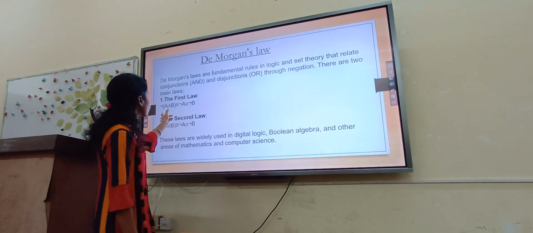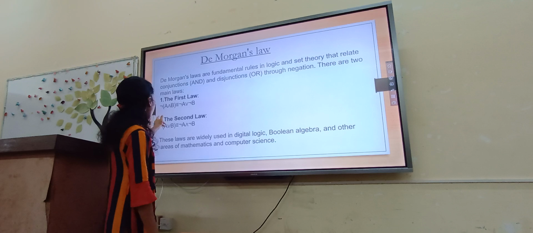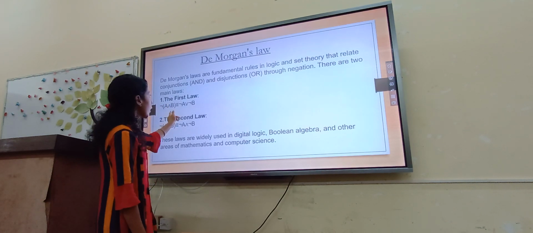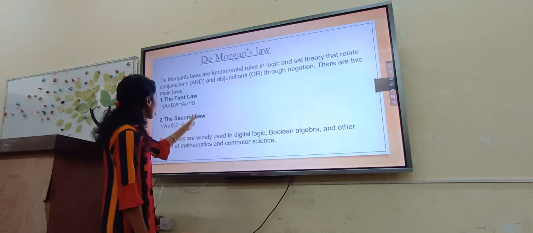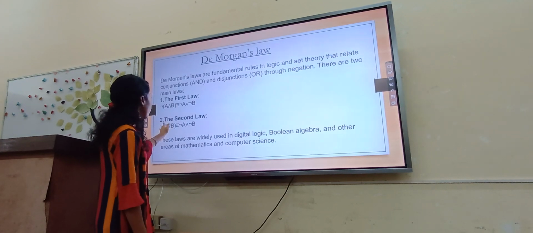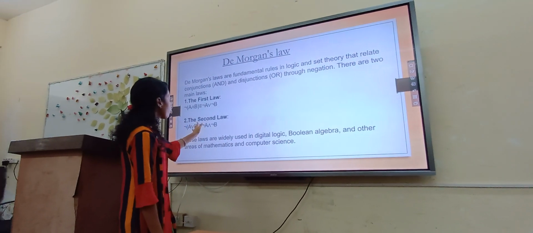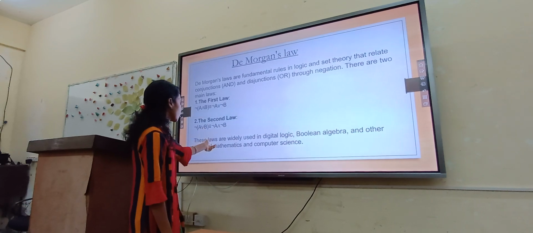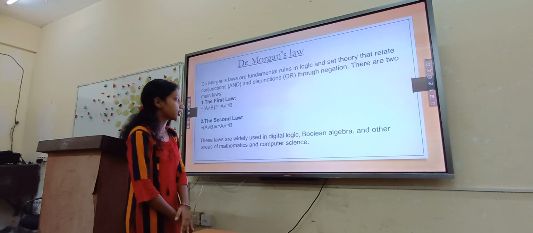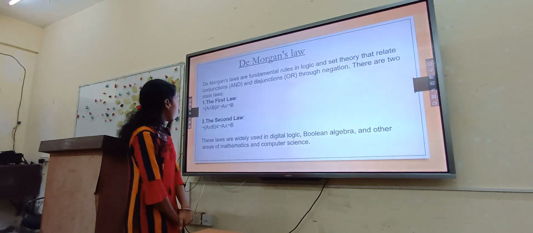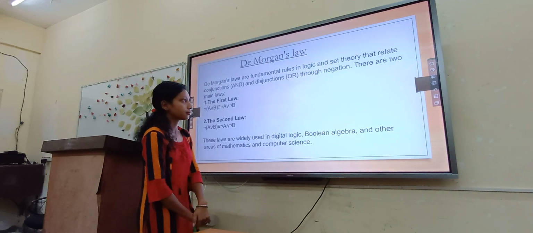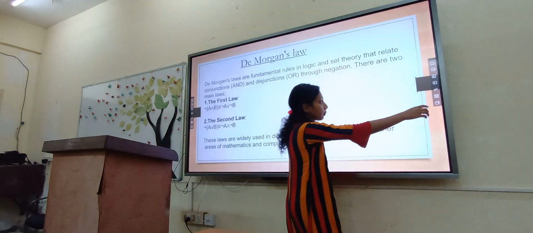The first law is: negation of A conjunction B equals negation A disjunction negation B. The second law is: negation of A disjunction B equals negation of A conjunction negation of B. These laws are widely used in digital logic, Boolean algebra, and other areas of mathematics and computer science. Can I draw that truth table?